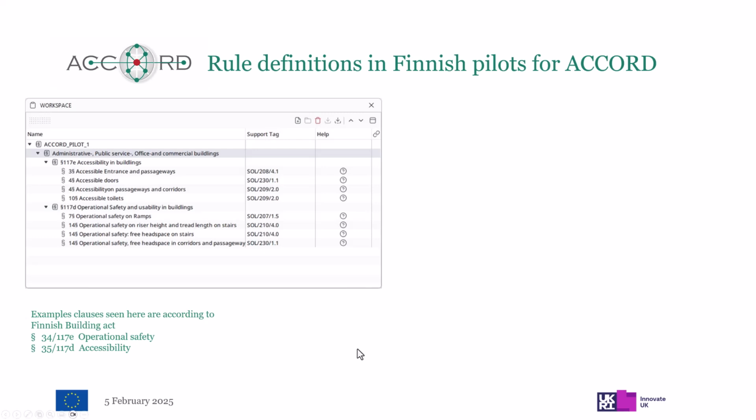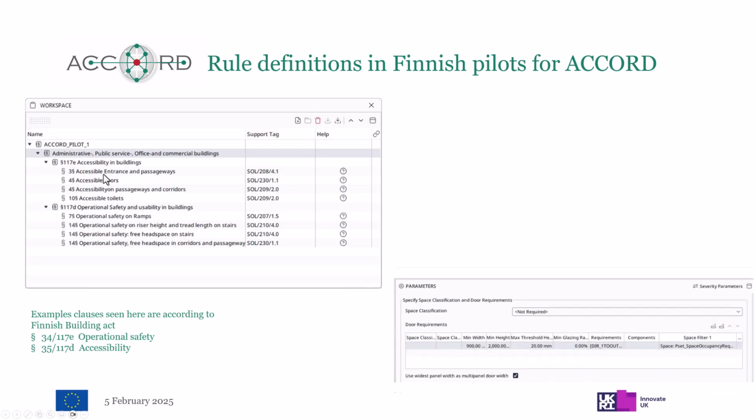And in the Finnish pilot, we did the following clauses according to the Finnish Building Act. Clause 34, operational safety, section 117E, and 35, accessibility, section 117D. And examples of the entrance and passageways.